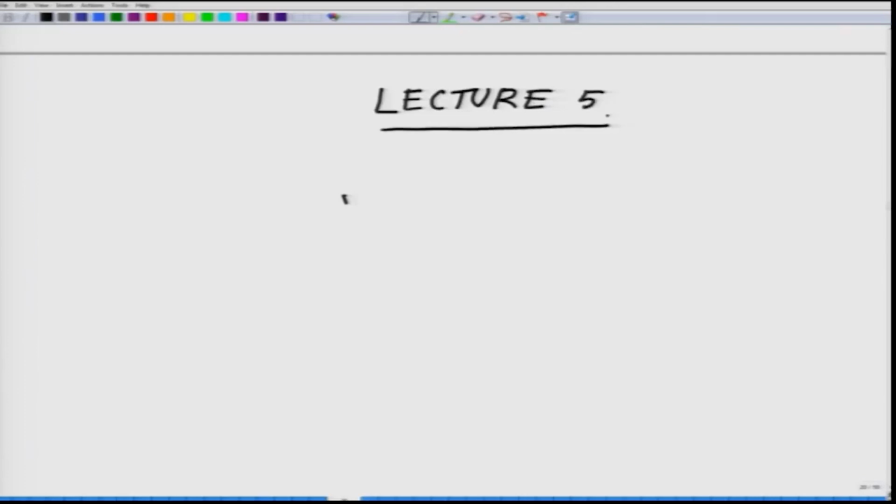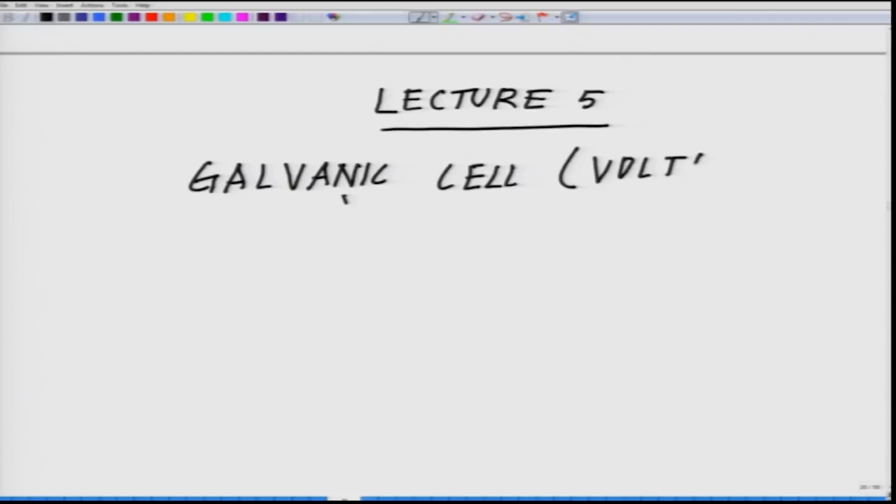Let us again revisit the definition of the galvanic cell or the voltaic cell. Galvanic cell is also called voltaic cell, and sometimes a special case is called Daniell cell.